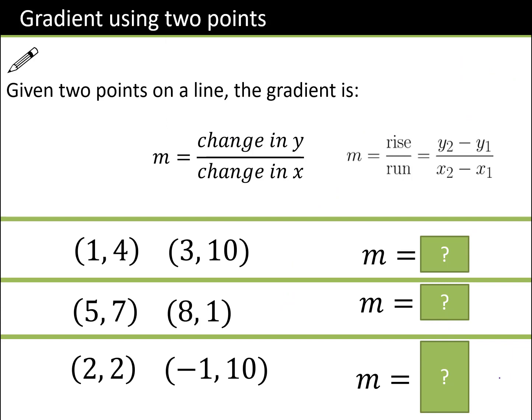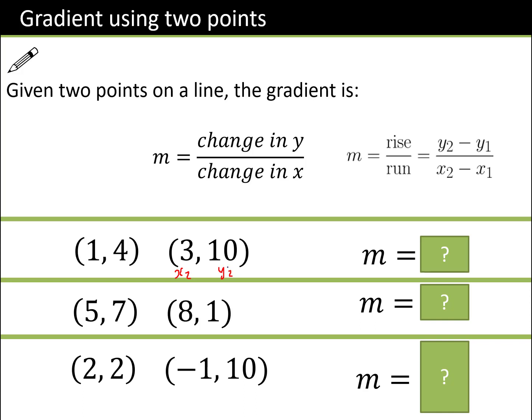So you could get a question when they just give you 2 points, and like I told you, m is actually the gradient, and it's called the rise divided by the run, or the change in y over the change in x, and that's the formula y2 minus y1. So let's try this. Always label the second coordinate.